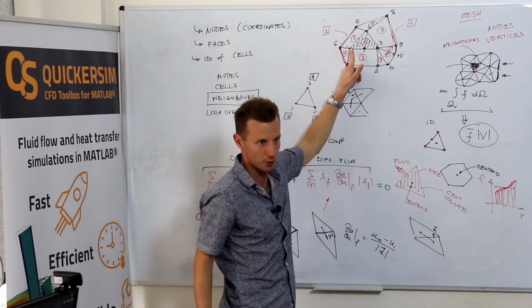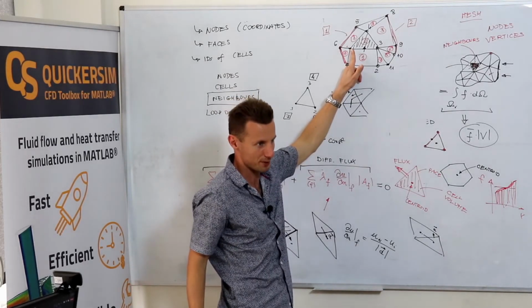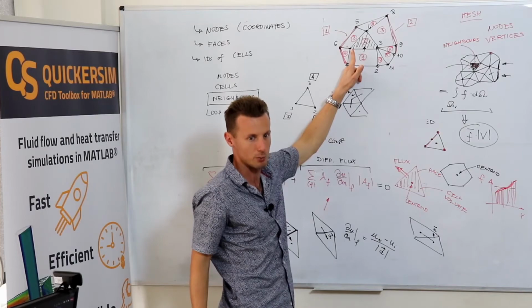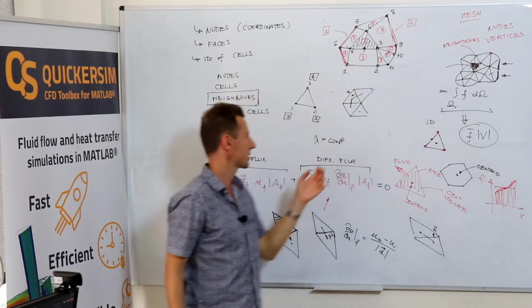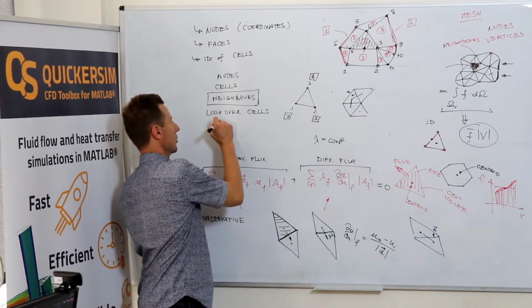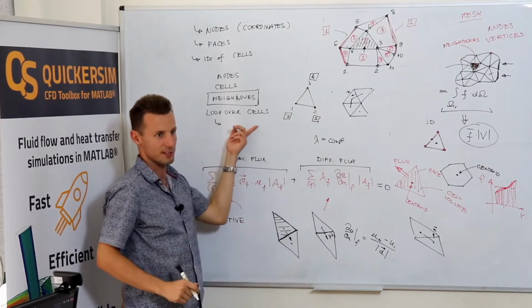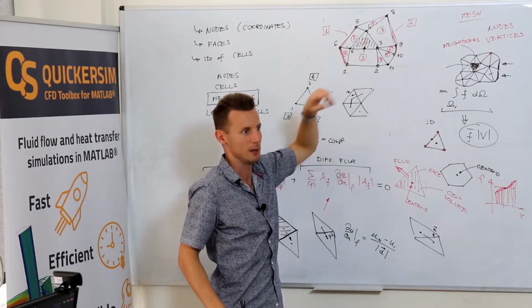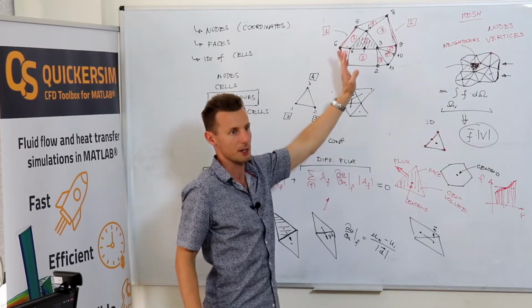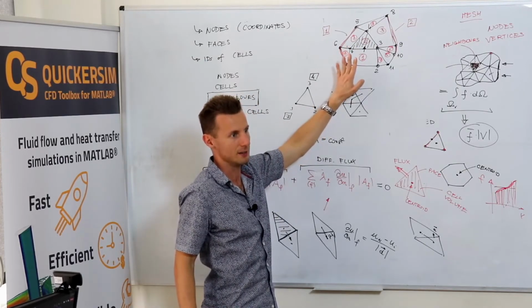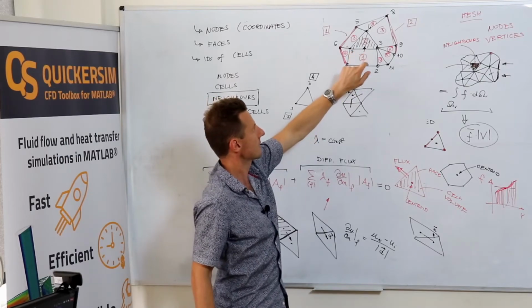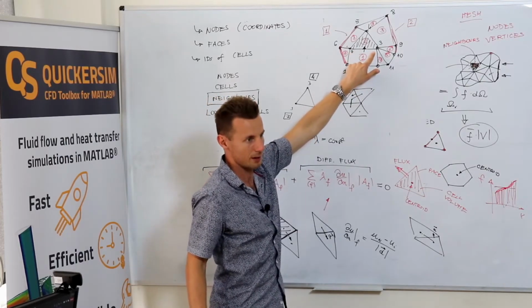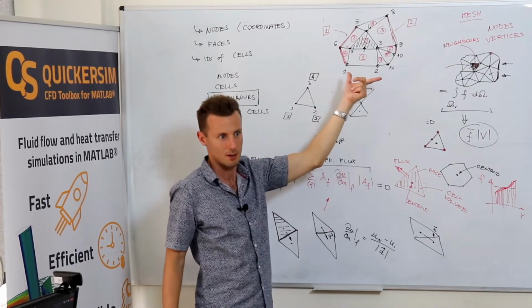So what would I do? I need to look for the neighbors. The stupid, naive way would be to again start looping over all cells: 1, 2, 3, etc. And finally, I will find one cell that also has the seventh and third node.